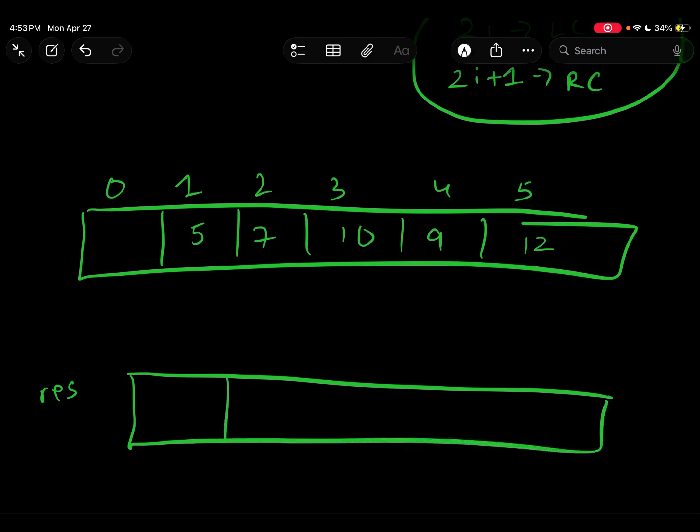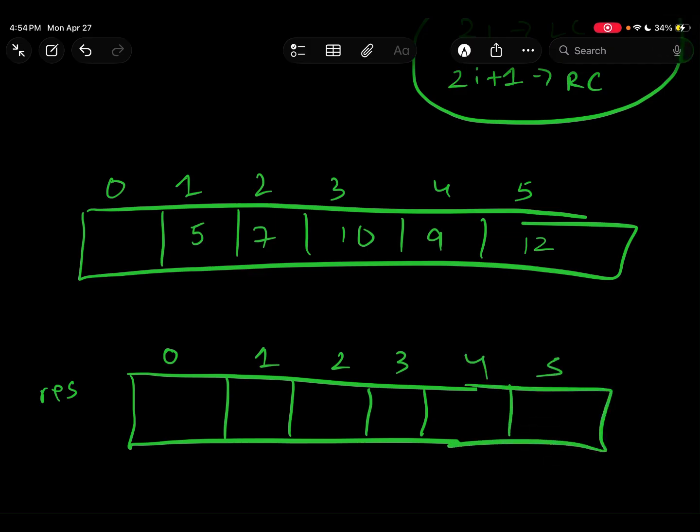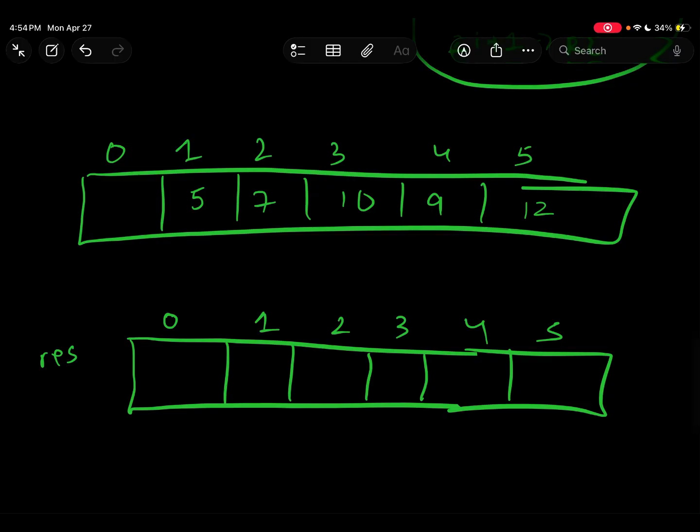So indexes are 0, 1, 2, 3, 4, and 5. Okay, so we need to sort this. So we create this memory, right?